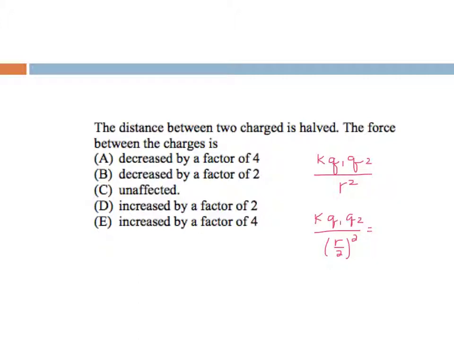So this simplifies to K Q1 Q2 over R squared over 4. Because you have a fraction down at the bottom, you need to multiply by the reciprocal. What that means is that your equation now looks like 4 times K Q1 Q2 over R squared. Because this is our initial force, we have increased by a factor of 4.